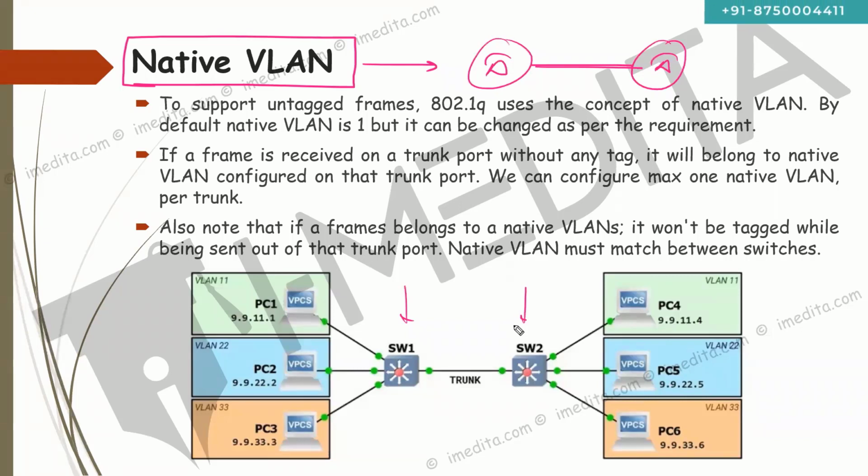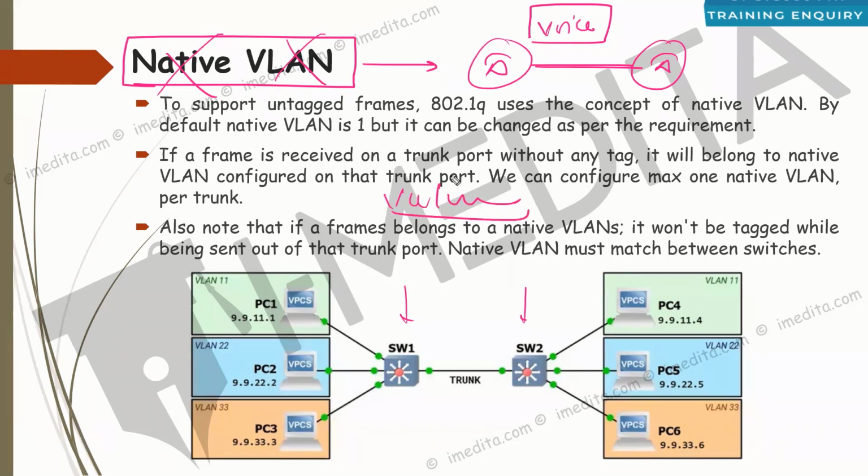But when the voice VLANs came into the market, this concept of native VLAN is not very useful nowadays. Native VLAN is more like a vulnerability that we have in our network rather than a feature. We used to use this native VLAN when it comes to voice in earlier days.